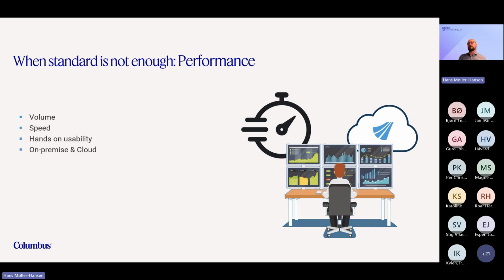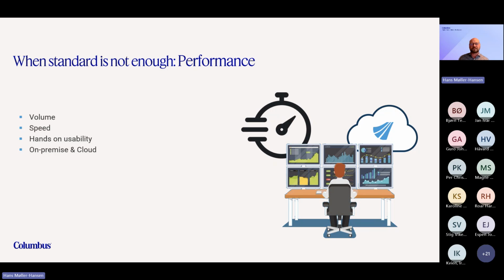But we also look at performance in terms of how fast we can actually adapt and make changes. How long would it take a consultant to do things? So it's really important to look at what the process is, how we can develop new things. And then performance is different in cloud and on-prem. So those are all things we need to think about. How can we actually change and optimize that?